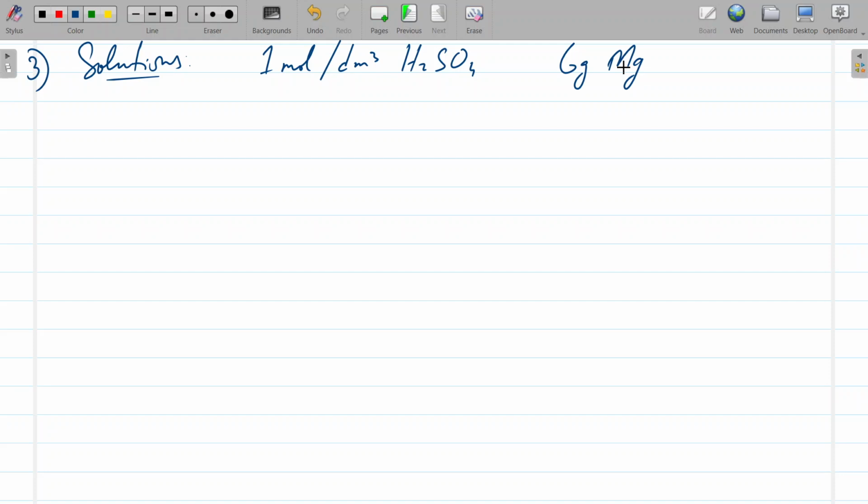What are the products we get out of that? Let's write this out. So you've got magnesium, which is a solid, and sulfuric acid, which is aqueous. And what do we get?